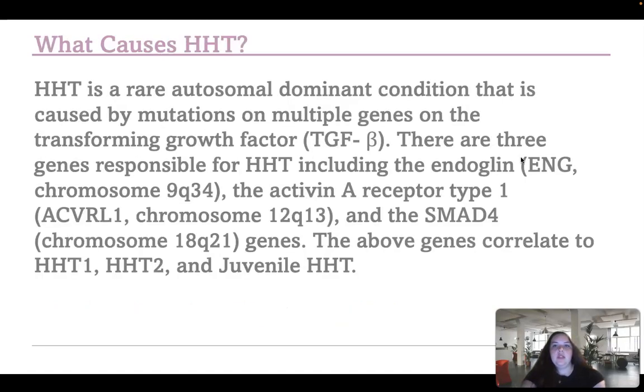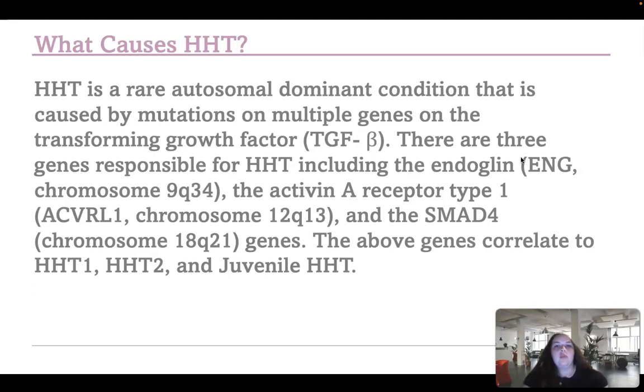Okay. So what causes HHT? HHT is a rare autosomal dominant condition that is caused by mutations in the transforming growth factor pathway. There are 3 genes responsible for HHT: the endoglin gene, or ENG, the activin A receptor type 1, or ACVRL1 gene, and the SMAD4 gene.